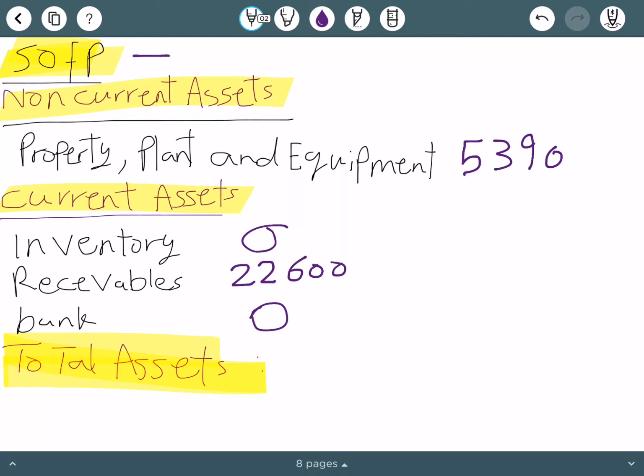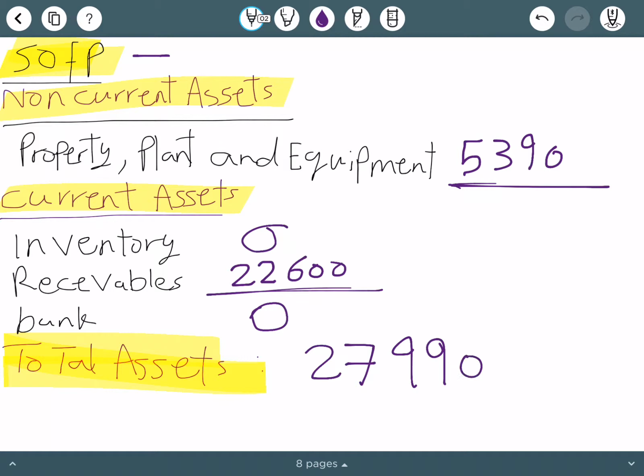So the total assets, you want to add them up. So add them all together, and it will give you 27,990.